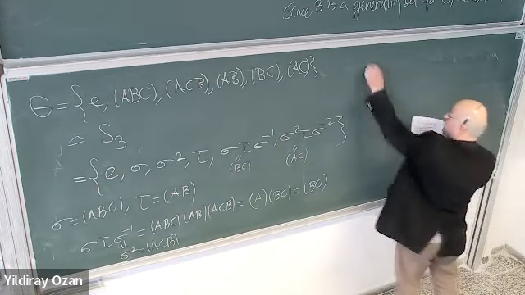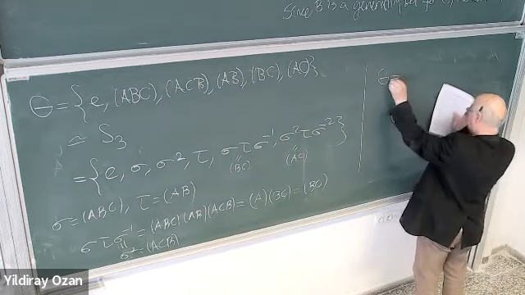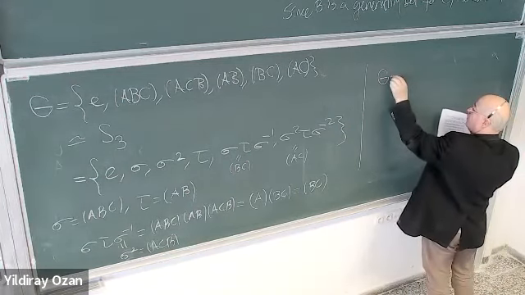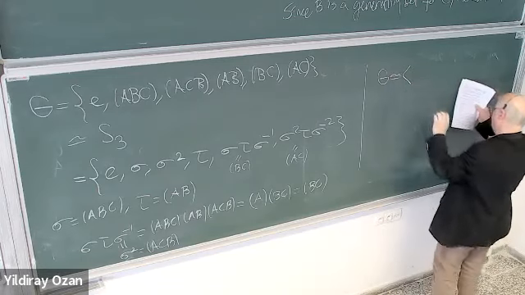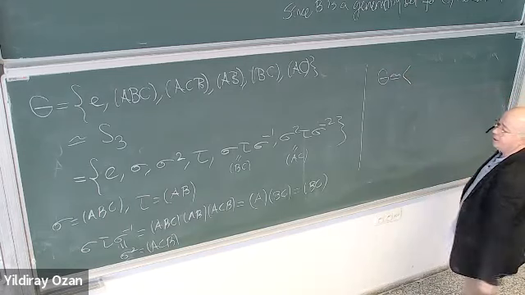We can write G also like this. So this is just generated by 2 elements.